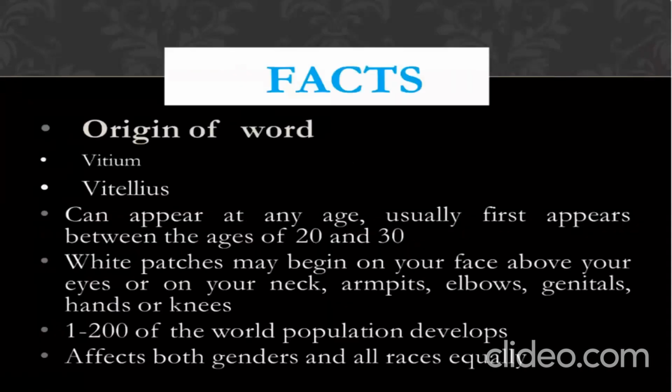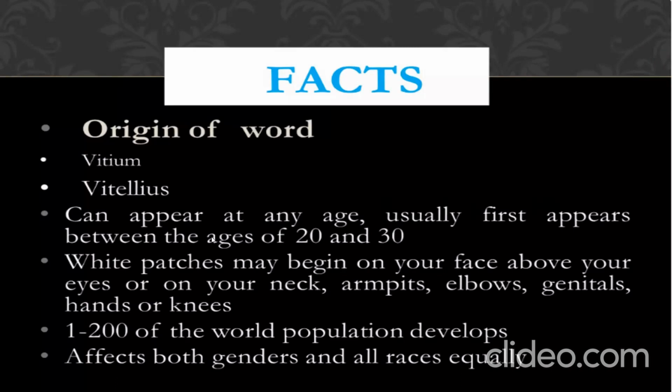So what happens in vitiligo? First, the origin of the word: vitiligo originated from the words vitium or vitellius. Vitiligo can appear at any age.